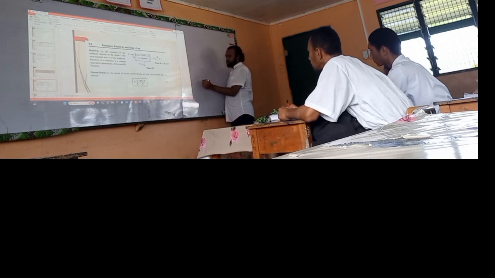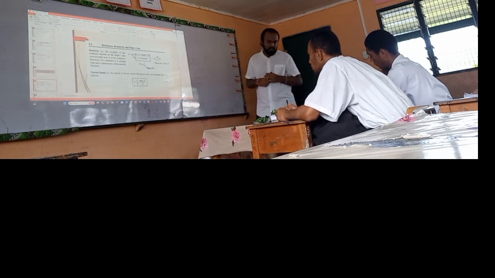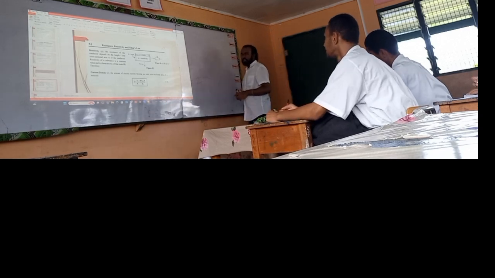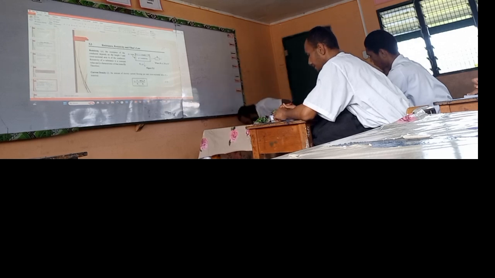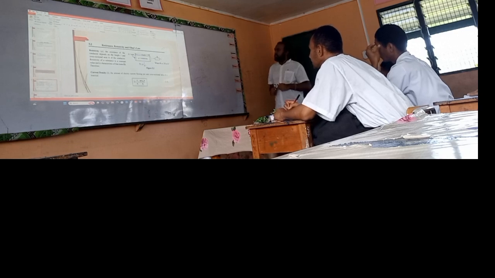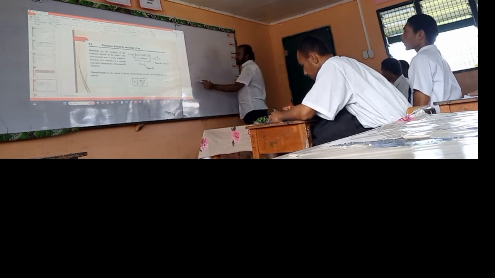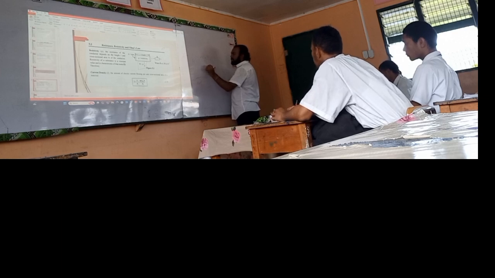Density will be your amps per meter square. n is your number of charges, e is the constant, and this is the velocity.